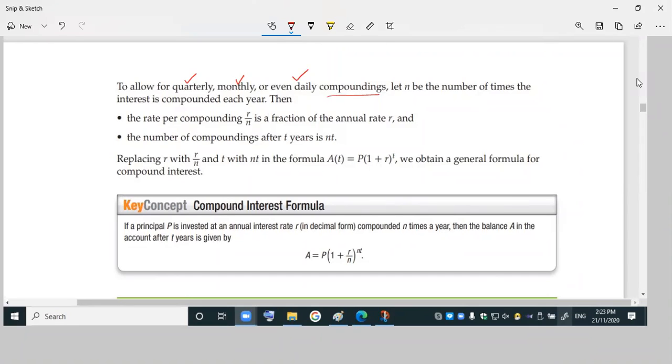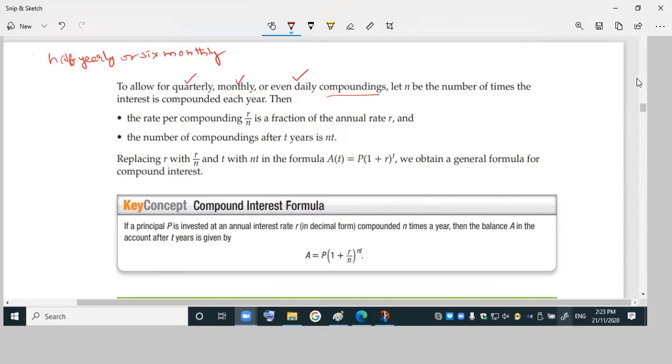Quarterly means the bank is calculating 4 times a year, or half yearly is also there. Half yearly is also called 6 monthly, same thing.